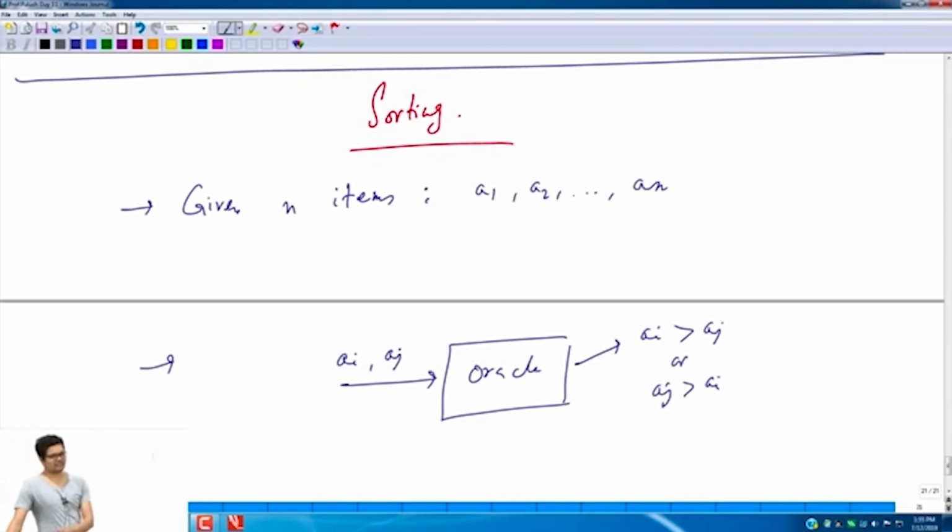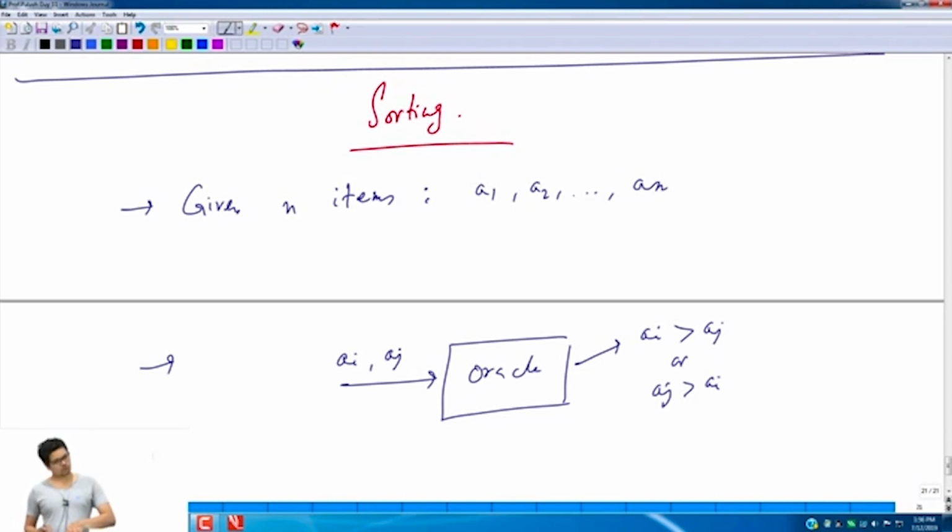For numbers you don't need this oracle, you just compare their values, but for abstract objects there can be some weird way of defining this, and the oracle is doing this ordering. If you look at insertion sort, what you are basically doing is comparing whether one number is greater or smaller than another. Those comparisons the oracle will do for you for these abstract objects.